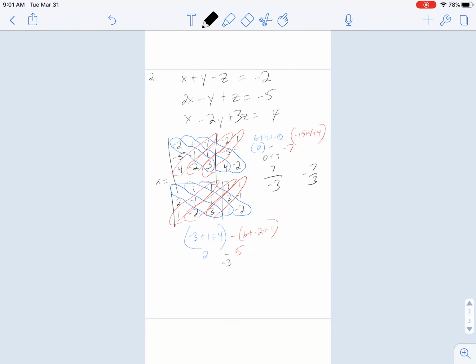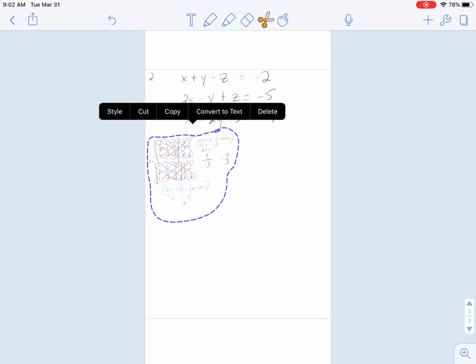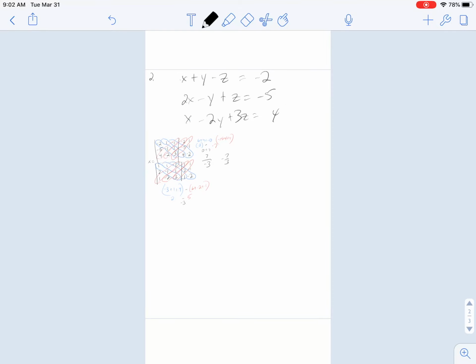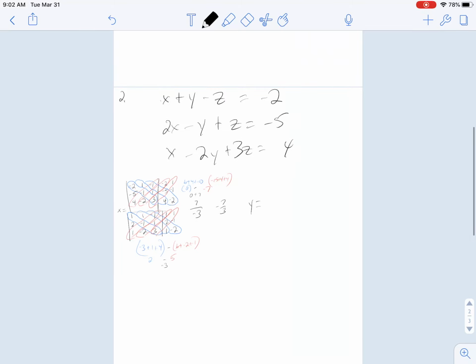All right. And so what we're going to do now is just follow that same process to find y and z. So I'll just kind of set it up for y and z. Y would just be equal to, again, the same coefficient matrix, which is 1, 1, -1, 2, -1, 1, 1, -2, and 3. It's the same thing that we did on the bottom.